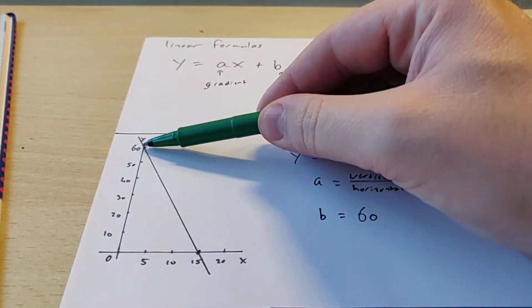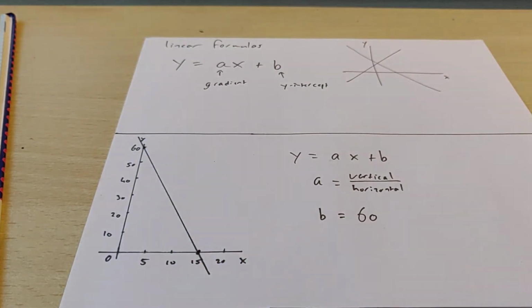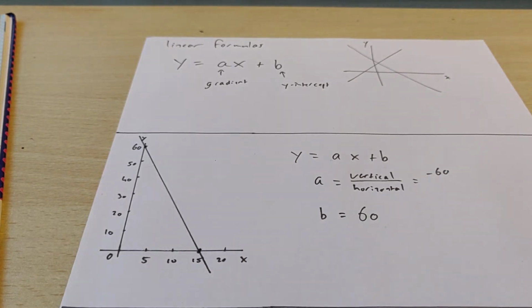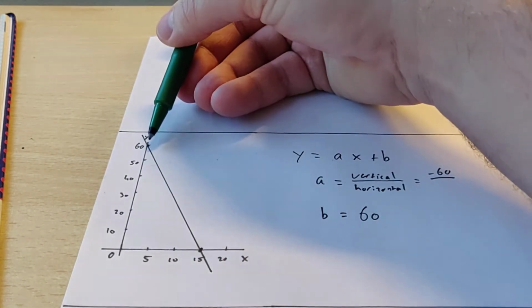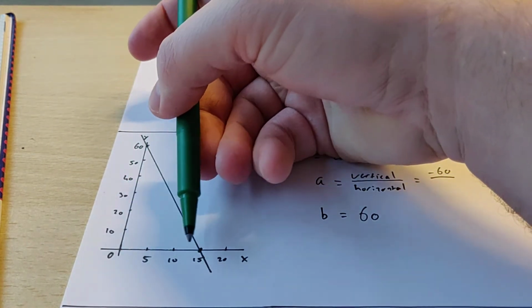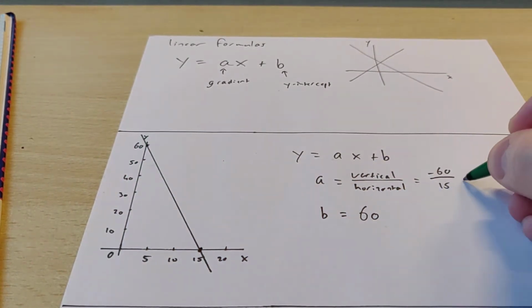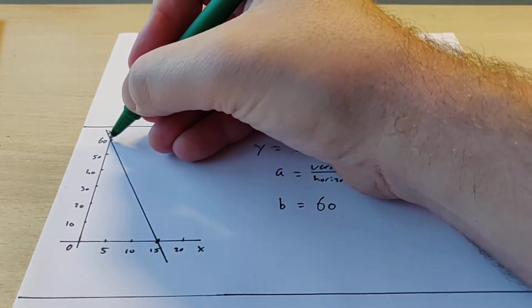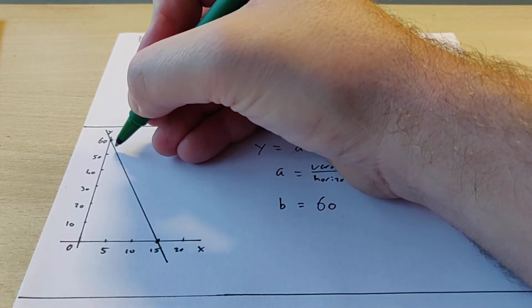Well, we go from 60 to 0, so that means that the vertical change is minus 60 because we go down. The horizontal change, here x is 0, here x is 15, so the horizontal change is 15. So the outcome of this is minus 4. So what this means is if you go 1 to the right, you go 4 down.